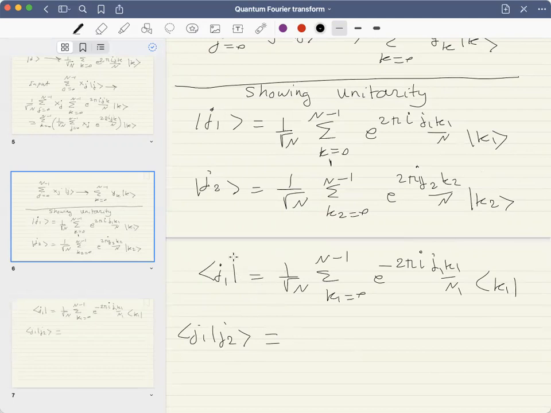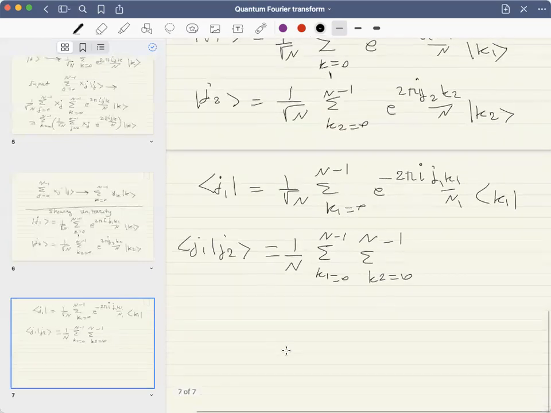So from this, I can write the inner product of j1, j2. I multiply this sum and that sum. So I get the factor 1 over n, a sum over k1, and a sum over k2. And what remains is, well, I need to multiply the arguments.